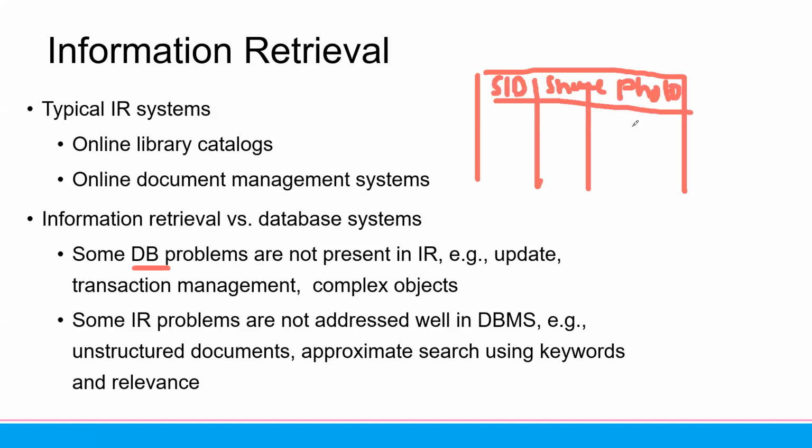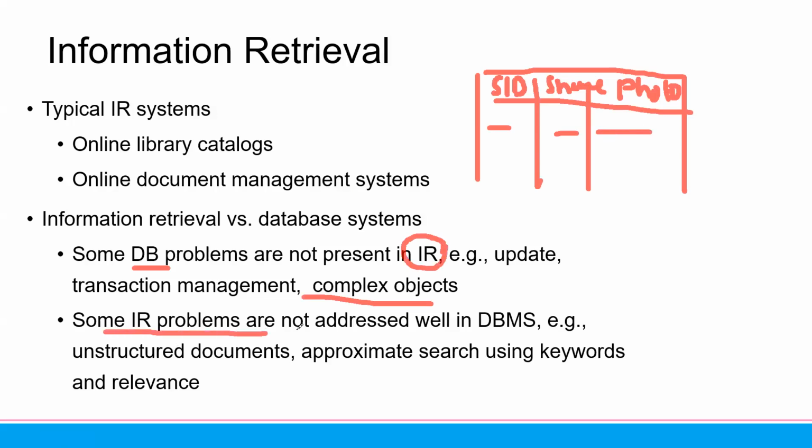If you put a picture in the database, this data is an image. SID is a number, student name is text, but the picture is an image. So it is complex. In information retrieval, usually we will not consider any image.